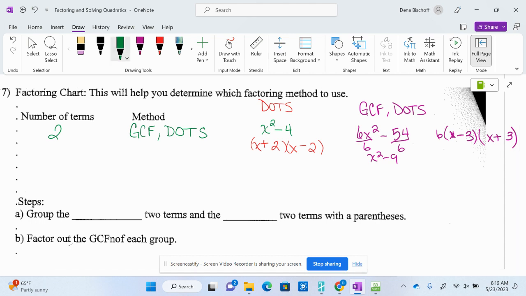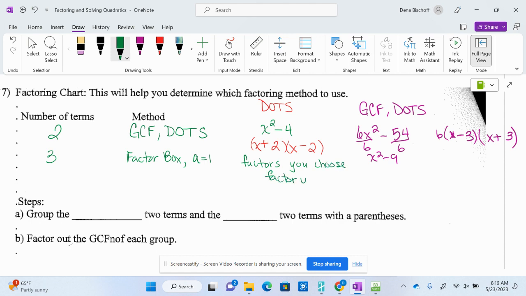Okay. When you have three terms, you need to either use a factor box or hopefully the leading coefficient equals 1. And that means that the factors you choose are the factors.